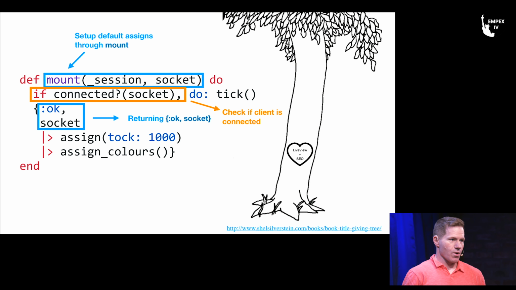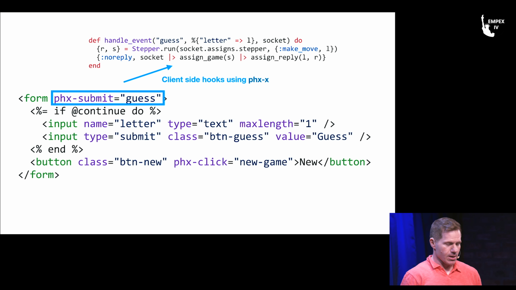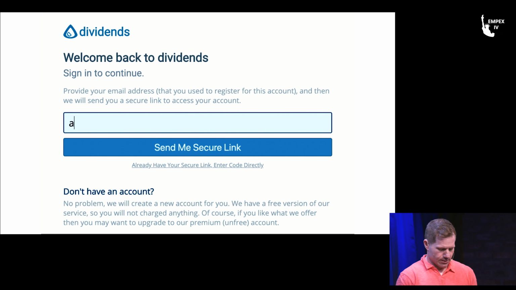So SEO and LiveView play really well together. And then within your templates, looks like EEX, but it's live EEX. So you're going to have sprinkled a few event handlers in there, and that's going to have callbacks with handle event, handle submit, things like that.